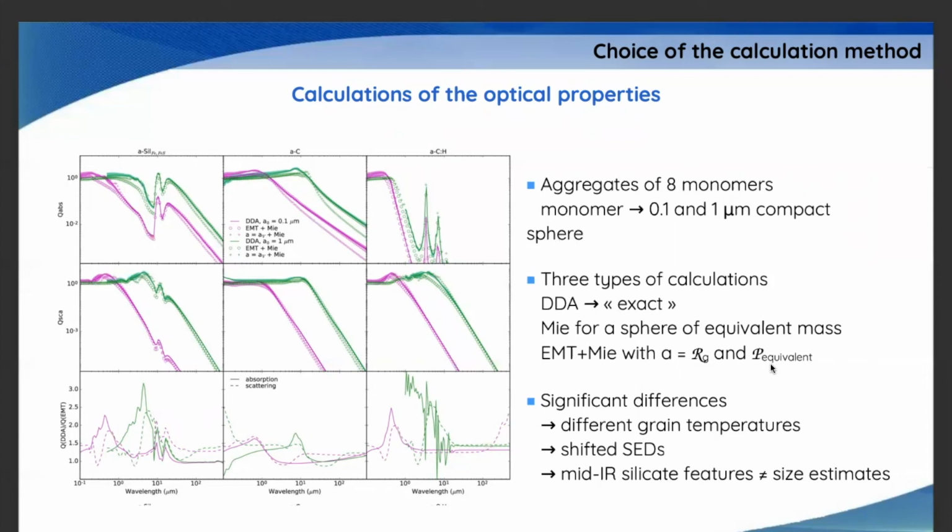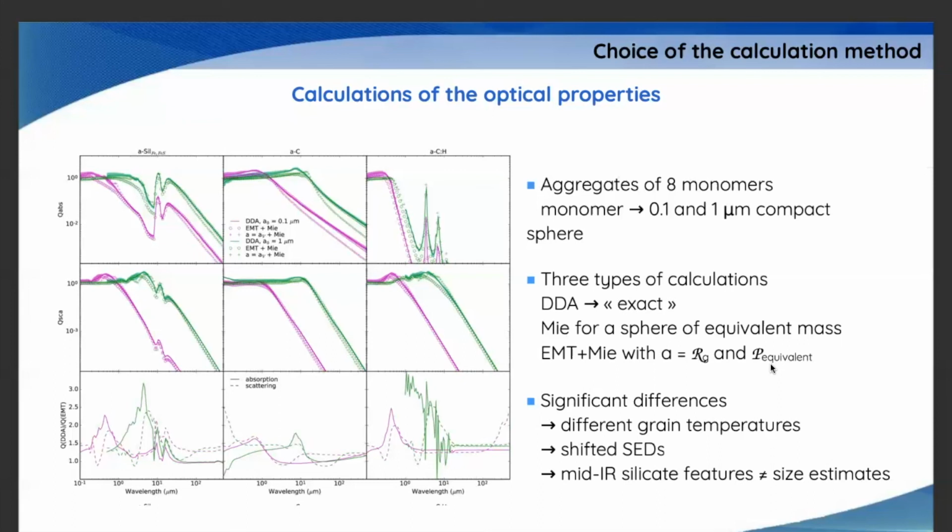Then a compact sphere with the same mass as your aggregate, plotted with crosses. And a bit more clever way: you assume the radius of your sphere is the gyration radius of the aggregate, and you find a way to describe an equivalent porosity of the aggregate. This is more clever, and you can use it for fast calculations.